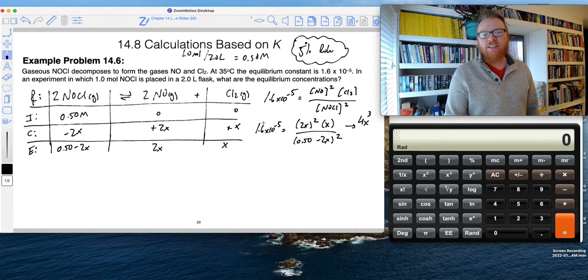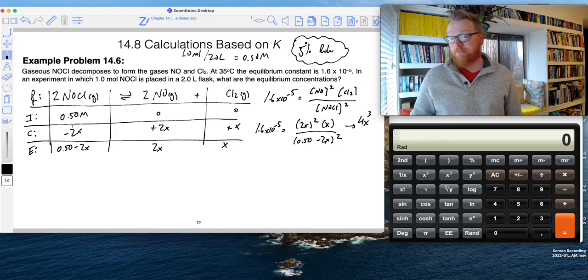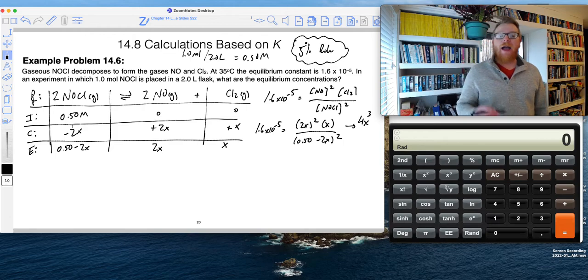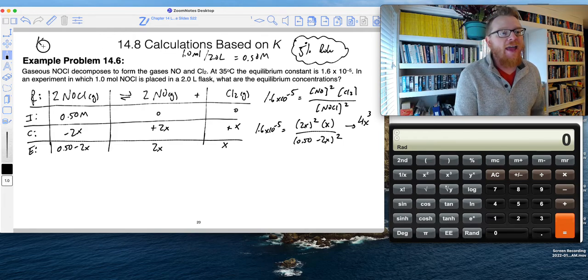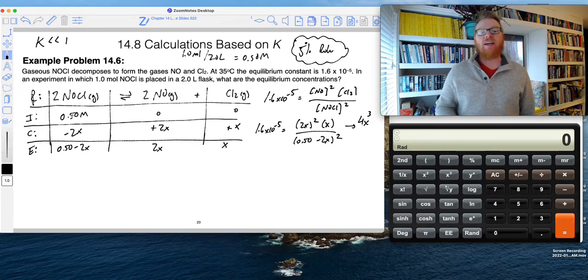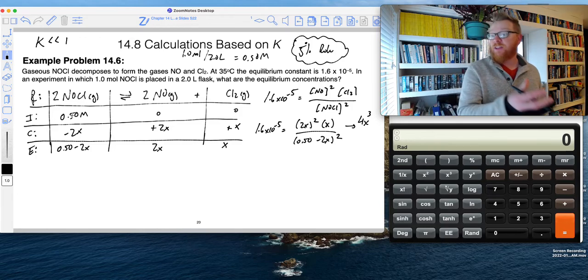Because it's so small, what that means is not very much of this NOCl is going to react. So go back to some of our very beginning slides. When K is much, much less than 1, we say the equilibrium position is on the left.